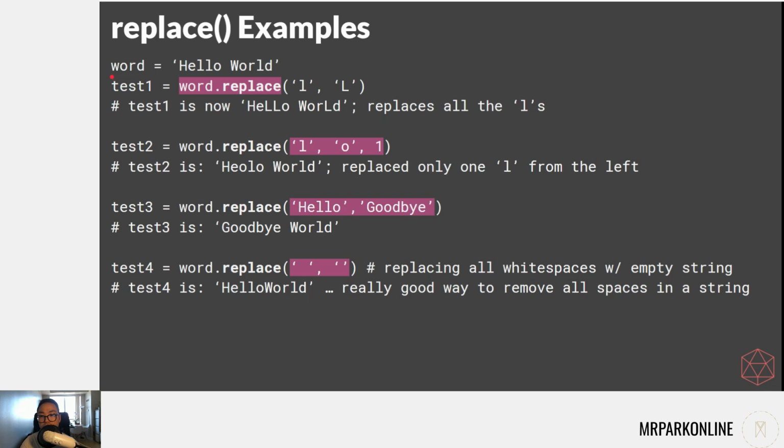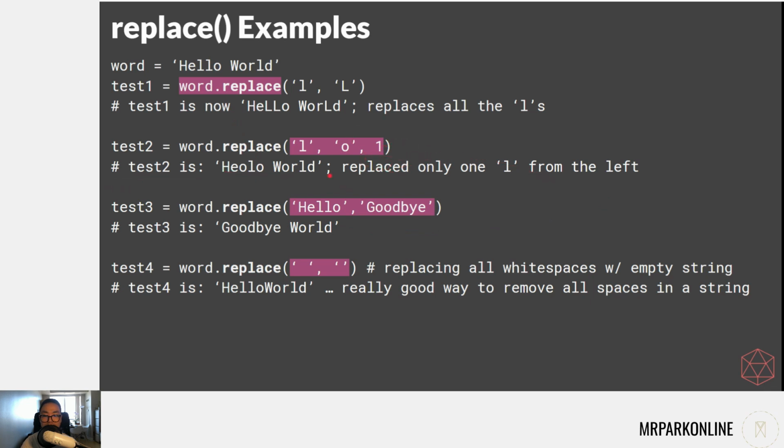So here we go. I have word set to hello world. And I'm going to replace all the lowercase l with uppercase L, and that's going to give us this. So test1 now contains hello with all the l's uppercase. Okay. If I want to just do that once, where it replaces the l with an o once, it's going to go to the left, find the first l, replace that with o, and it's done because we only did it once.